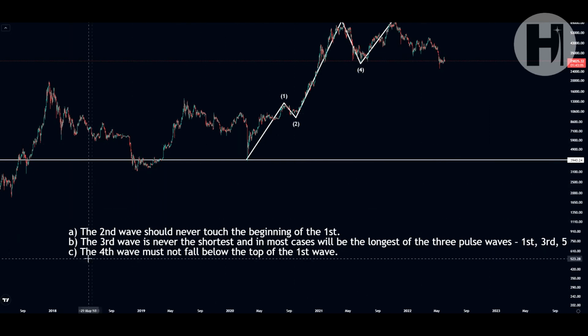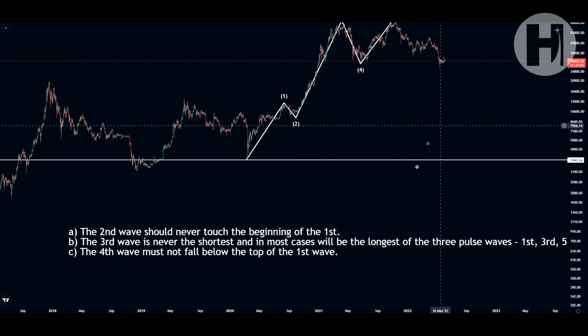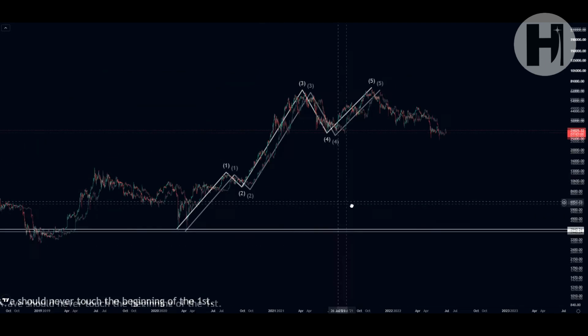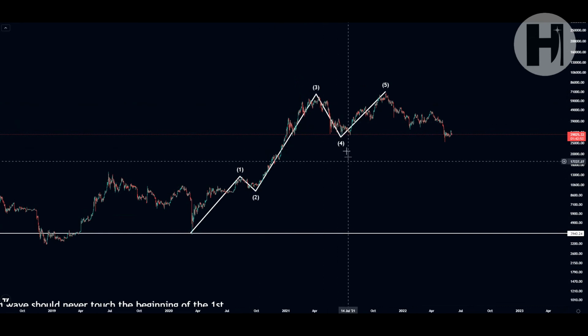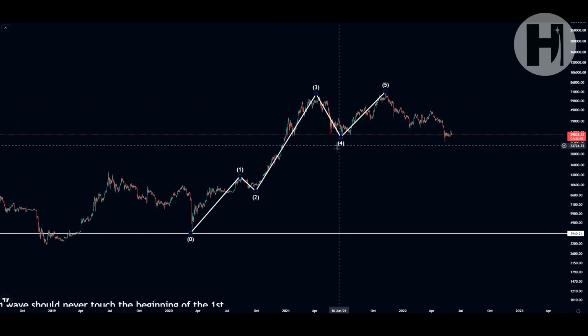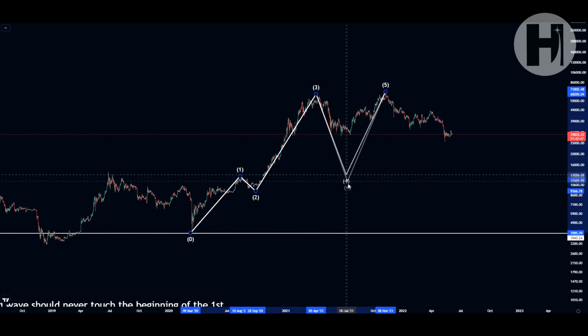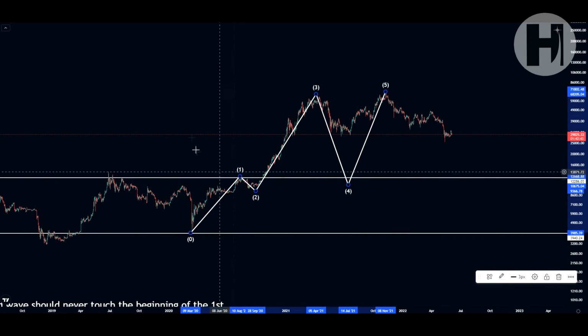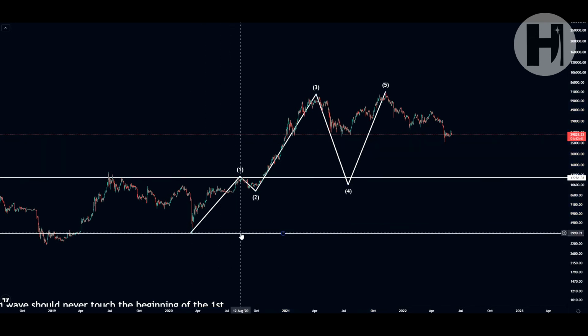The final point here is that the fourth wave must not fall below the top of the first wave. This is something that people get wrong sometimes, and they keep drawing their Elliott wave theories, but they end up drawing them wrong because the wave 4 pullback goes way below the wave 1 high. So this is your wave 1 high, this is your wave 1 low, right?